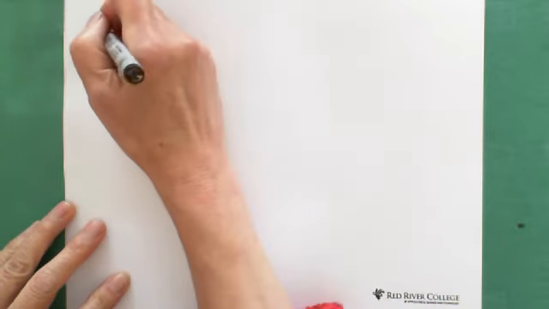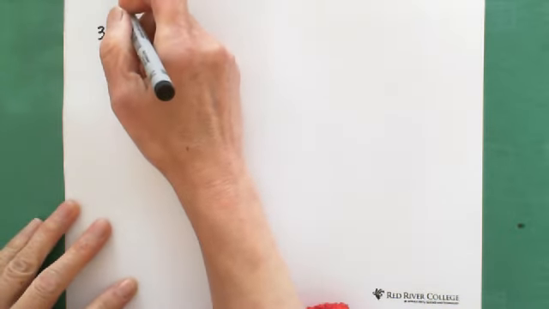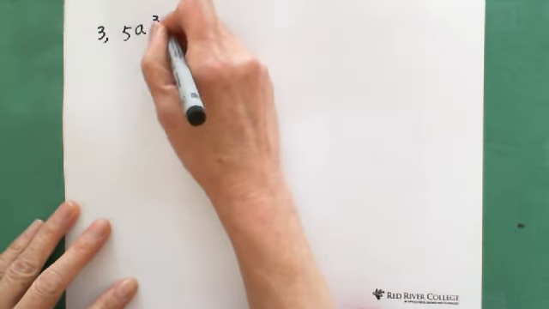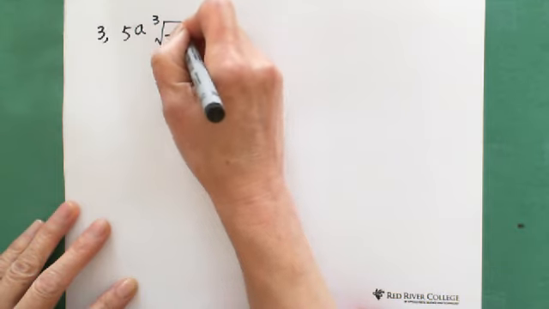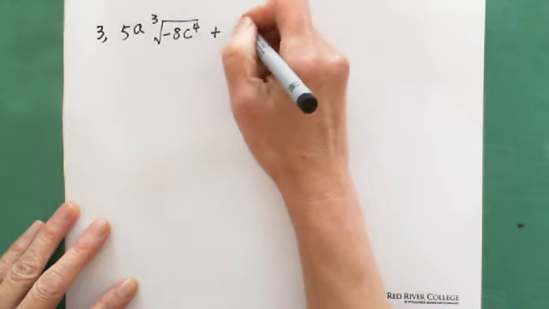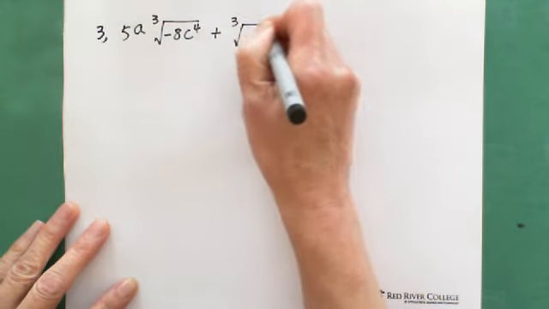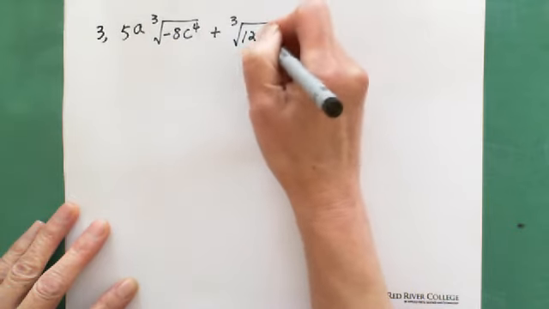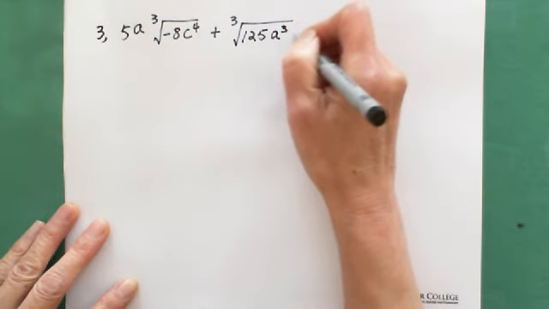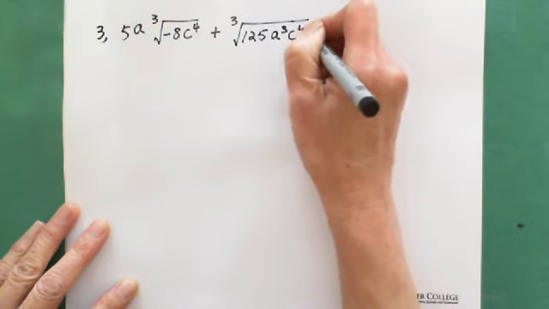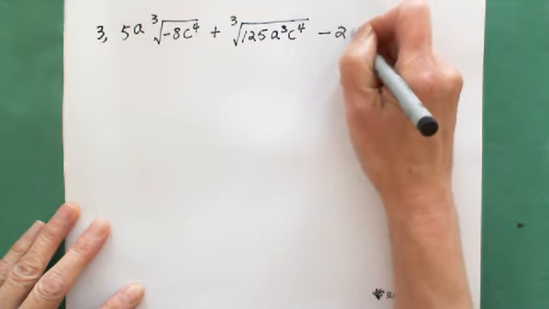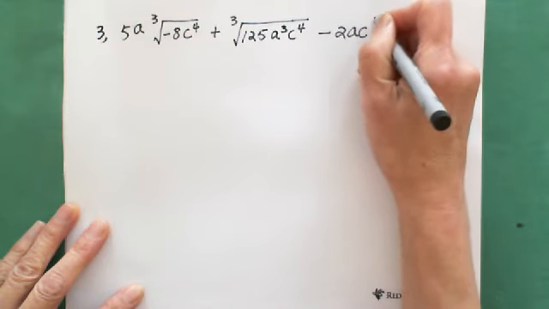We have question 3: 5a cube root of negative 8c to the 4 exponent, plus cube root of 125a cubed c to the 4 exponent, and then minus 2 times ac cube root c.